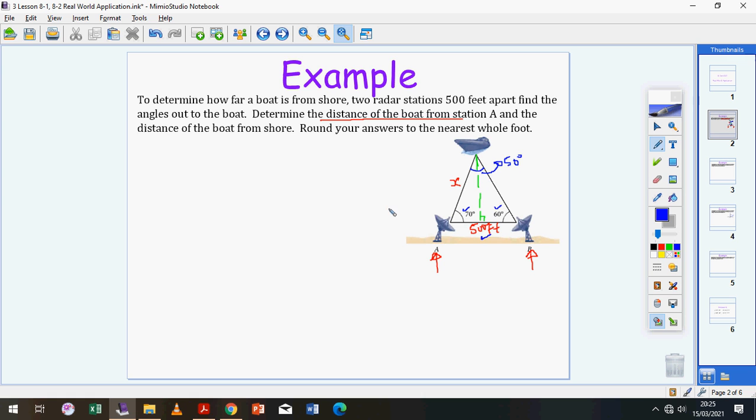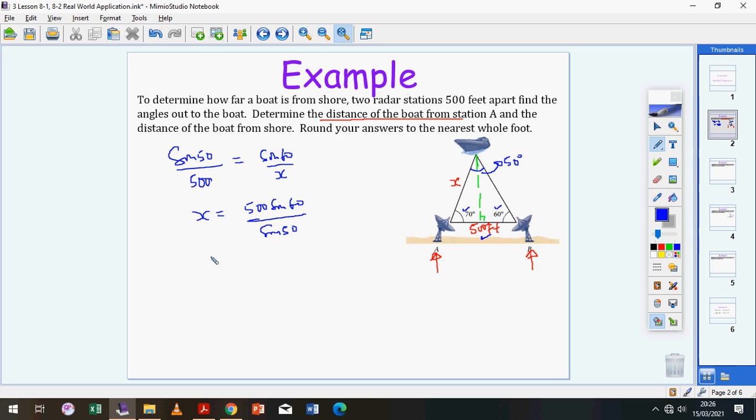I'm going to say sine of 50 divided by 500 is equal to sine of 60 divided by x, and this will give me x as 500 sine 60 divided by sine 50. Remember, you need to put this in your calculator all at once.